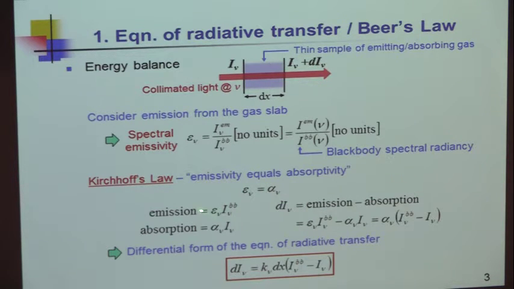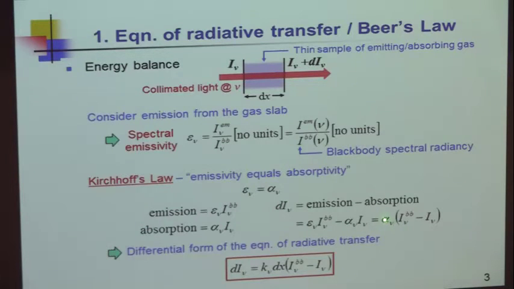So if we write the emission as the spectral emissivity times the black body function, which is a known quantity, and this is the absorption, then we can say that this increment di is nothing more than the difference between the emission and the absorption that takes place. So here's the emission term, here's the absorption term, here's the substitution with Kirchhoff's law, and I'm left with a simple relationship here.